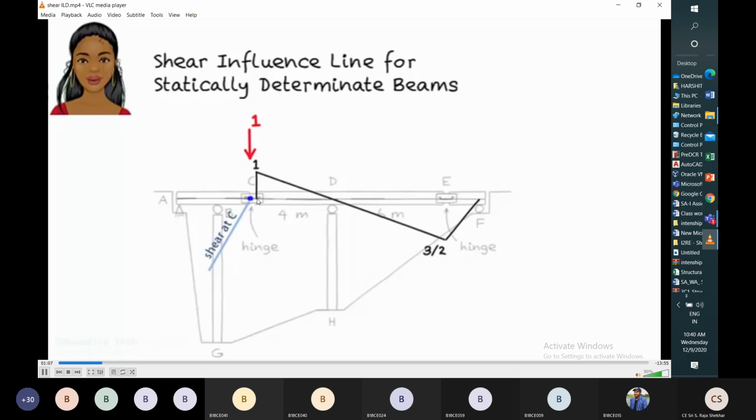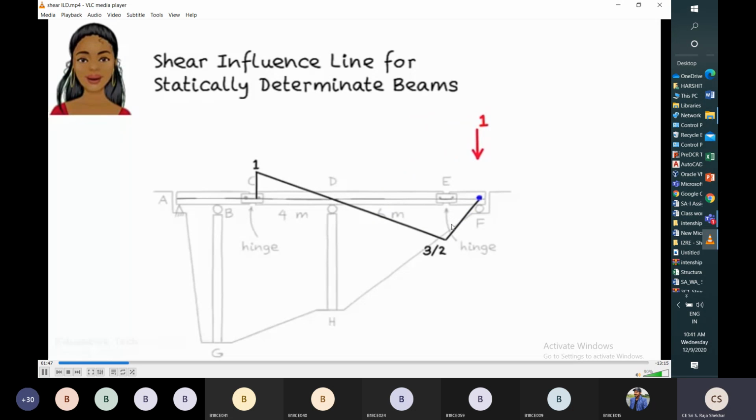When the unit load moves just to the right of C, shear at C jumps to 1. Then when the load is moving from C to D, shear at C gradually reduces, and when the unit load is at D, shear at C becomes 0. When the unit load moves further from D to E, shear at C increases in the negative direction, and when the unit load is at E, shear at C reaches its maximum value.